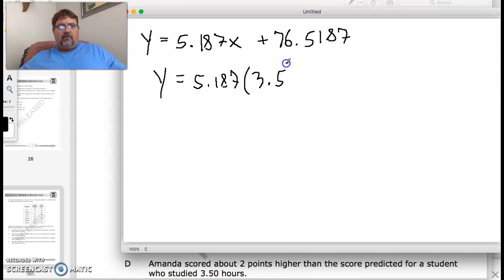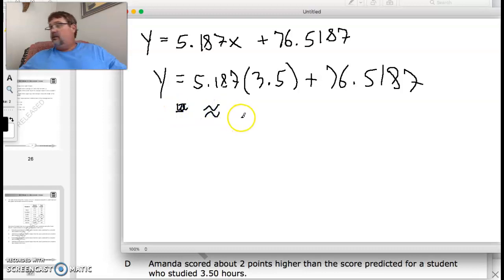We'll study 3.5 hours, with the 5.187 times 3.5 plus the 76.518. Now, I don't know if you noticed this, but I took some liberties with this and did a little bit of rounding here. So this is approximately 94, and you would have to calculate this in your calculator, .67. So the model predicts she should have made a 94.67.